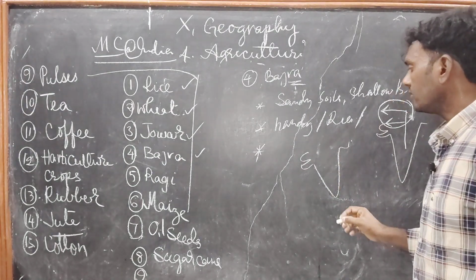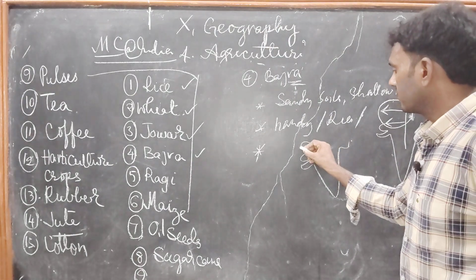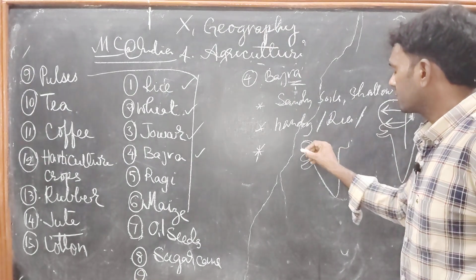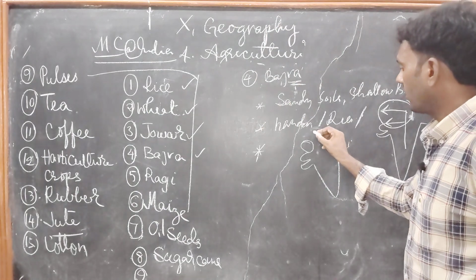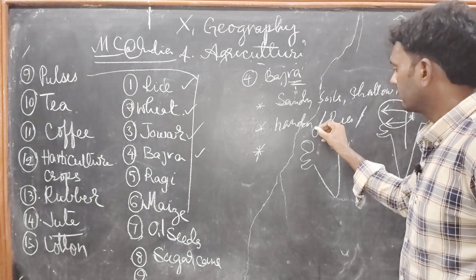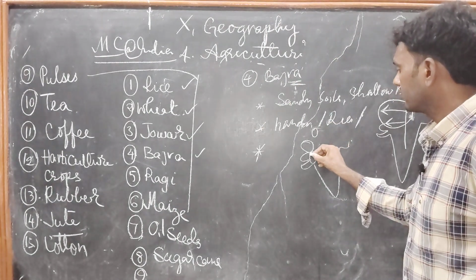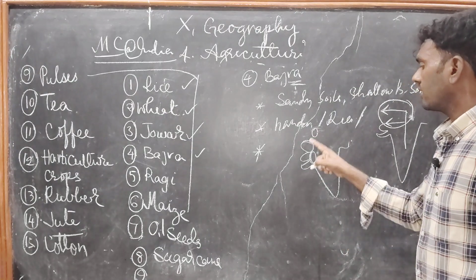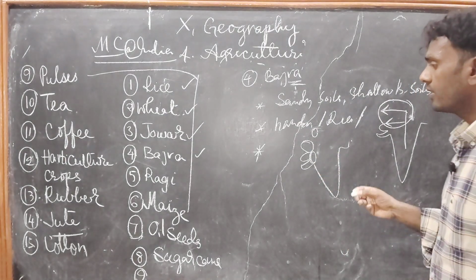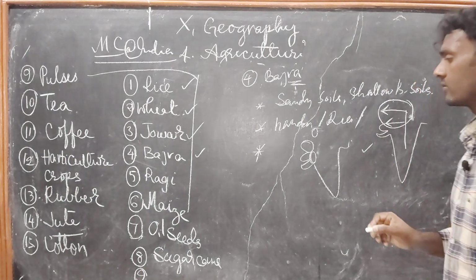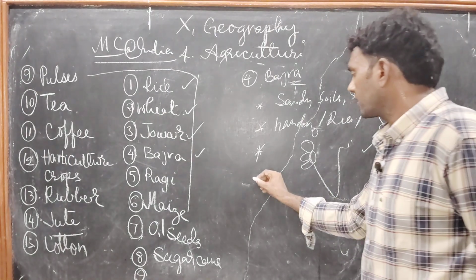Rajasthan and also Haryana, Gujarat. Rajasthan, Haryana, Gujarat. These three states are producing more amount of bajra. And also it is a kharif crop.